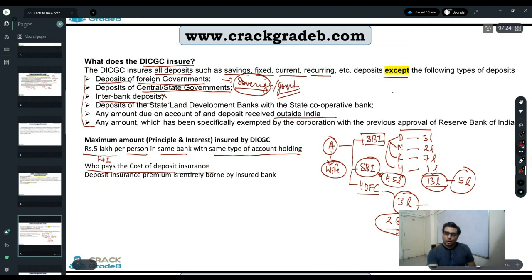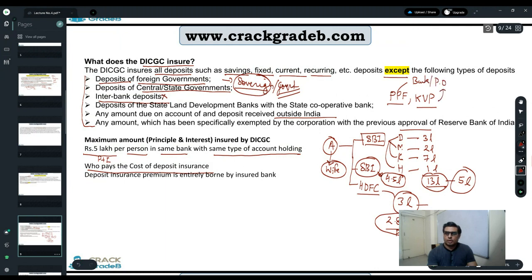And where there is completely no kind of risk is money deposited with the sovereign. If you are going to deposit your money in PPF or Kisan Vikas Patra, KVP, right? These certificates can be issued by banks as well as the post office.